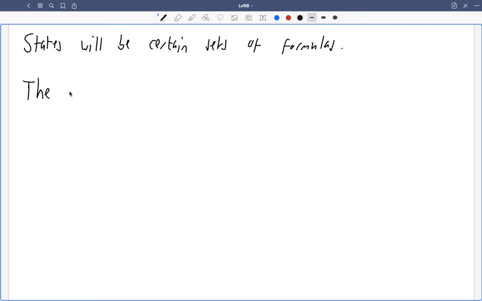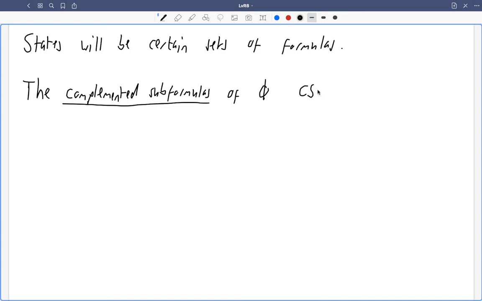So the complemented subformulas of phi, which we call CS phi, is defined by, well, let me write that later.